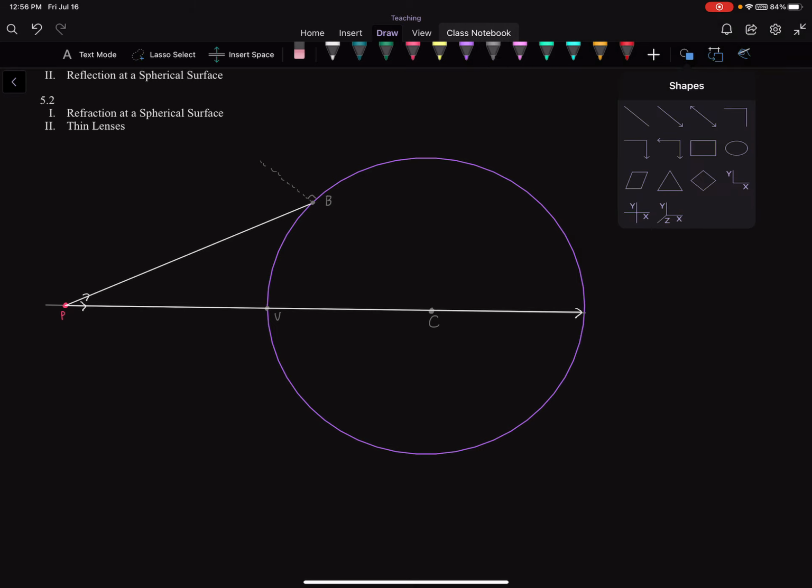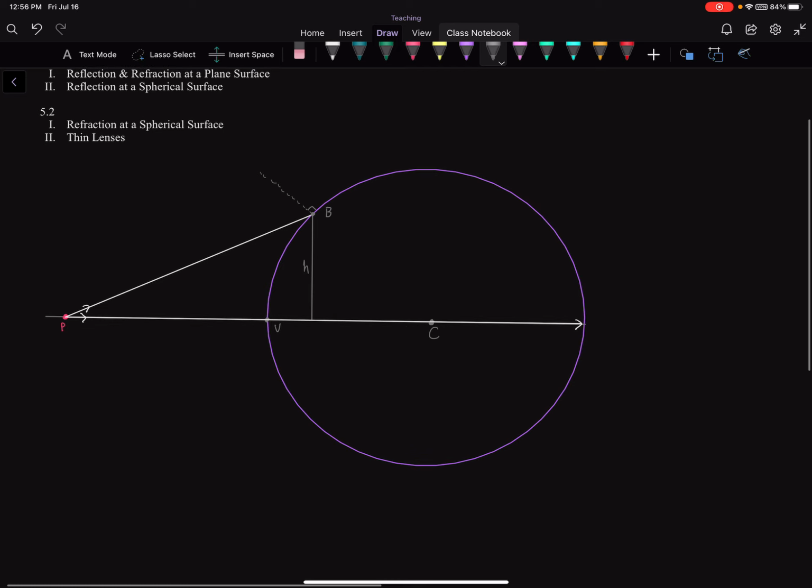And we can label this height from point B down to our optical axis. We're going to label that H, just like before, which makes, put V up there so that we can put our delta right there.